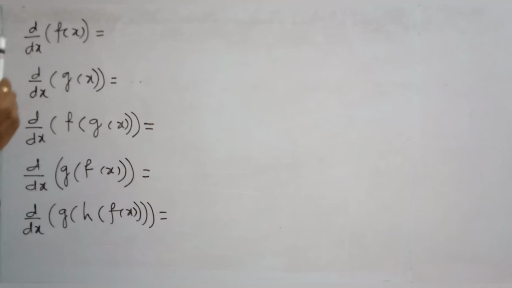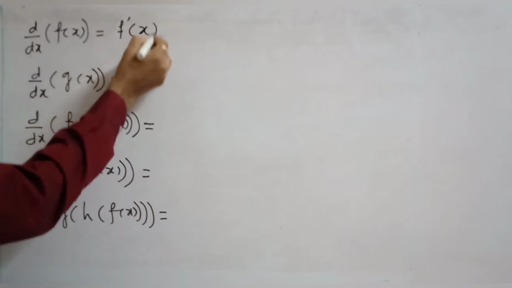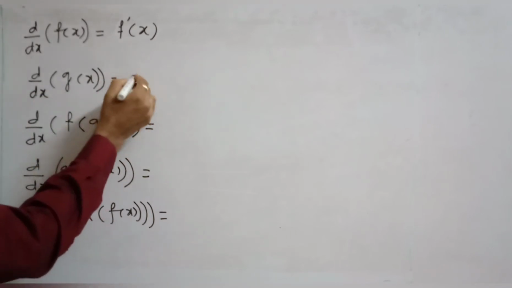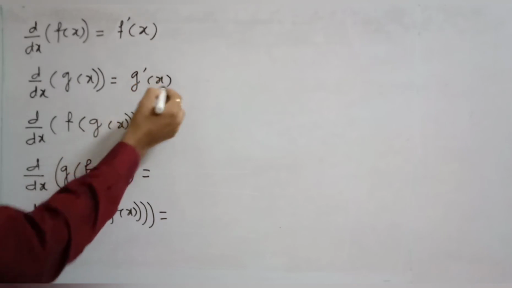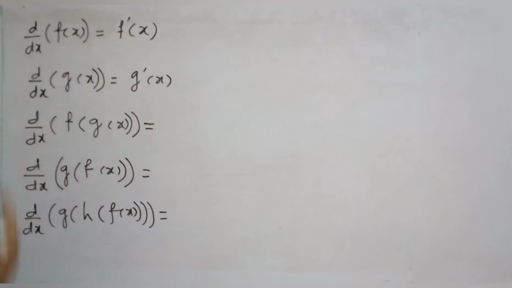How do you write d by dx of f(x)? D by dx of f(x) is written as f dash x. D by dx of g(x) in the same way, you can understand it is g dash x. F is a function of x, so directly the derivative is f dash x.